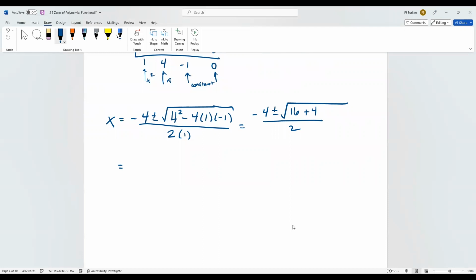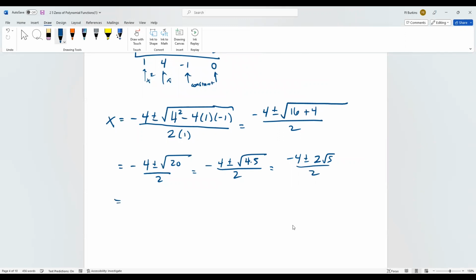Then we get -4 plus or minus square root of 20 over 2. Now 20, let's see, it has 4 hidden inside. It's 4 times 5, so that's a perfect square that we can pull out. So this is going to be 2 root 5 all over 2.